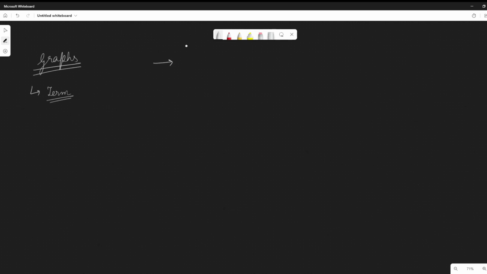First of all, we will know what are vertices/edges in graph. After that, we will talk about undirected/directed graph. After that, we will talk about connected components.